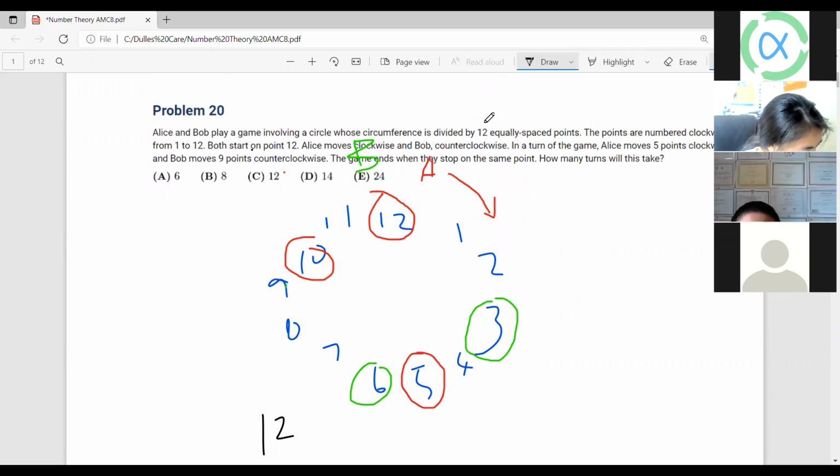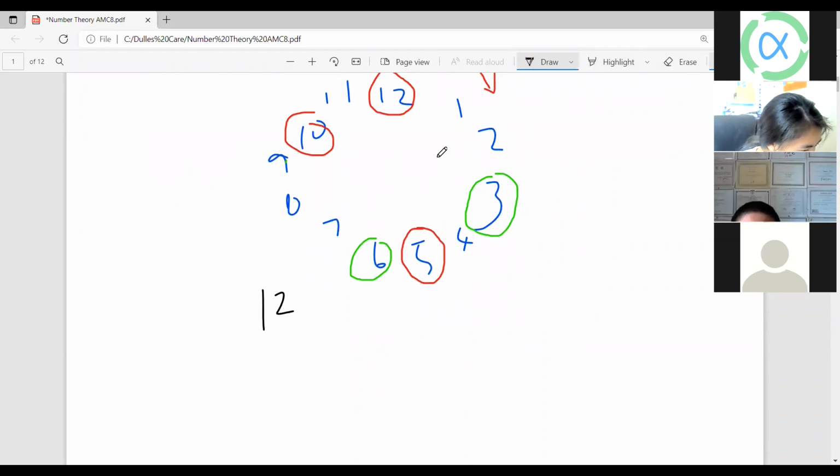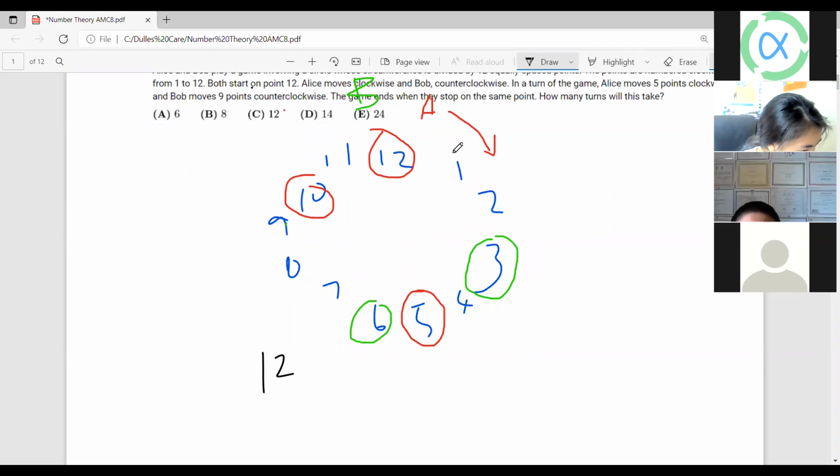And the idea is using mods or a division essentially to do this problem. So we can write Alice's turn as something like this. Alice's turn is 12 plus 5x.